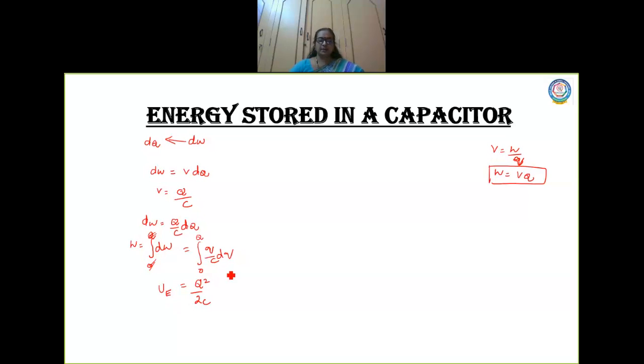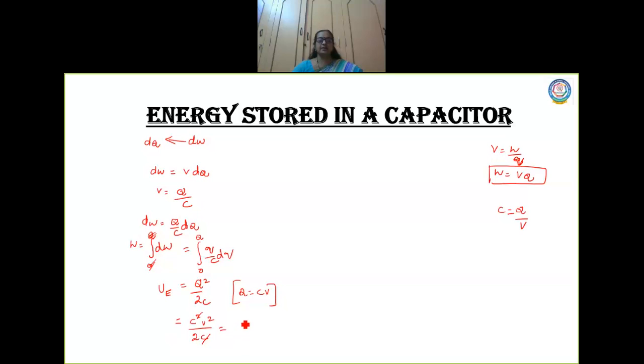Now I am going to rearrange this formula, children. I know C is equal to Q by V, so Q is C into V. Substitute here: Q square becomes C square V square, divided by 2 into C. Now one C gets cancelled.